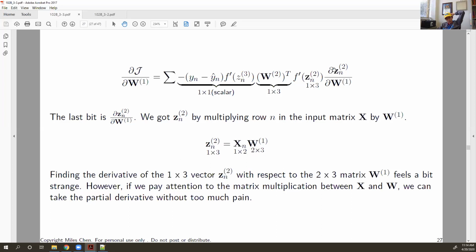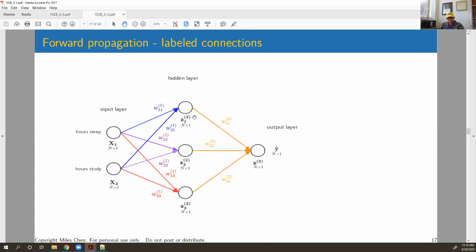Z2 for row n is a 1 by 3 matrix. And I want to say, well, how does this change with respect to W1? W1 is a 2 by 3 weight matrix, remember. So we're asking, we've got one row of 3 Z values.